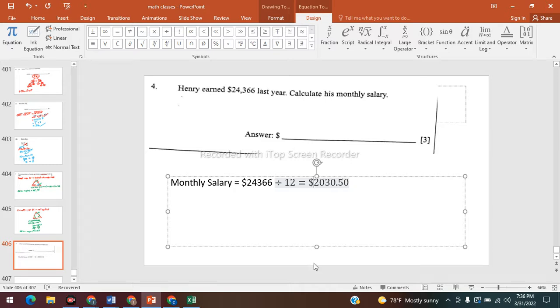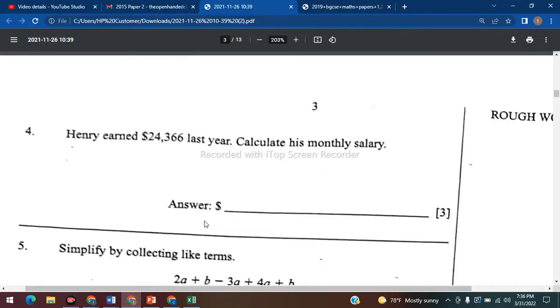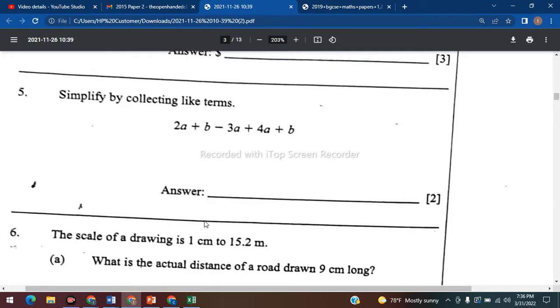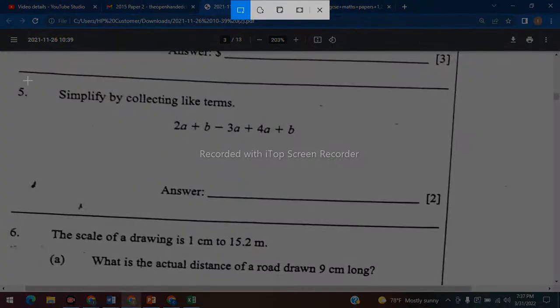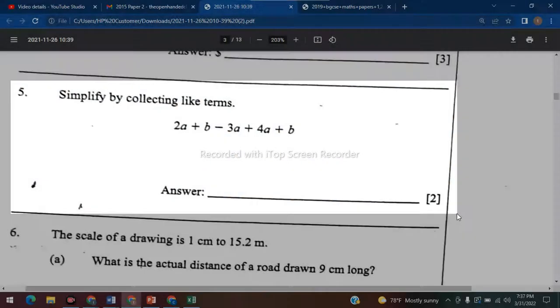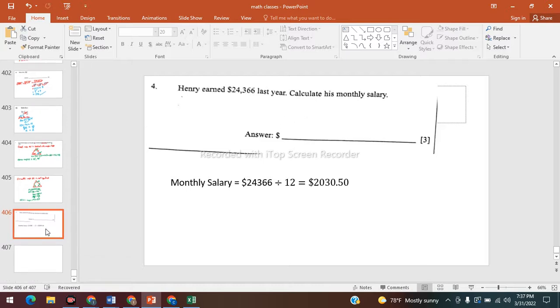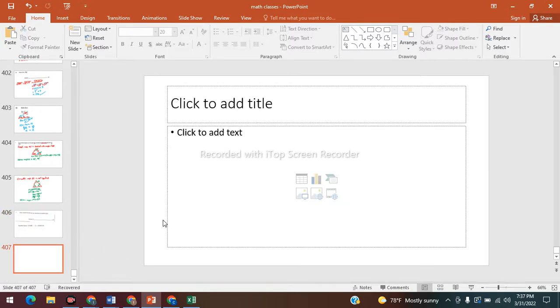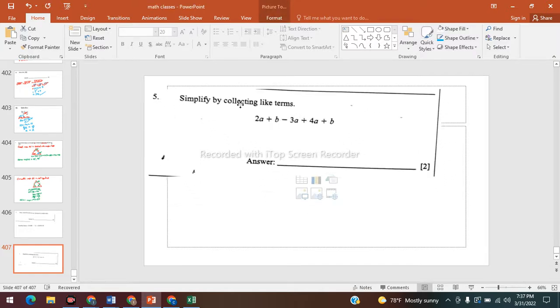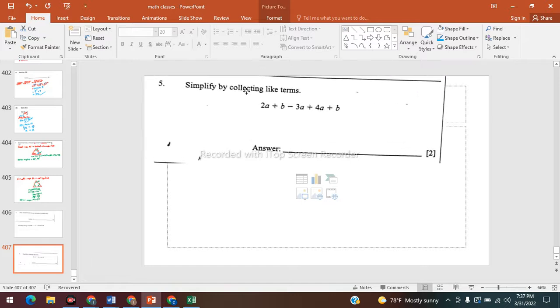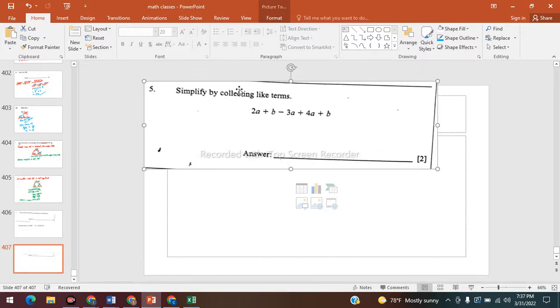Now, the next question states that you have to simplify by collecting like terms. So I want you all to try that one. Simplify by collecting like terms.